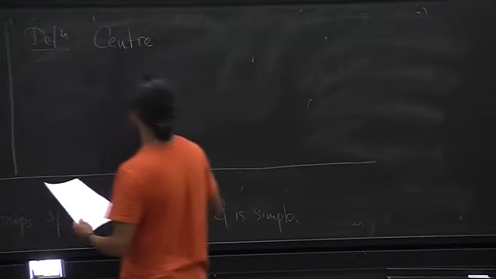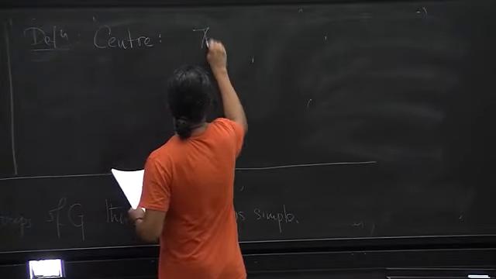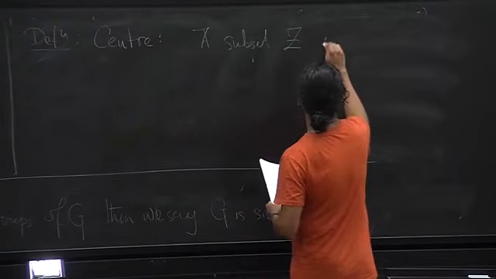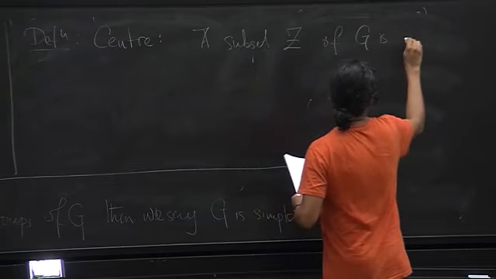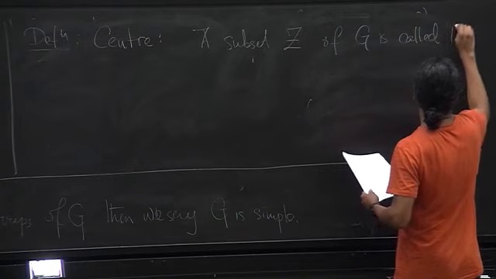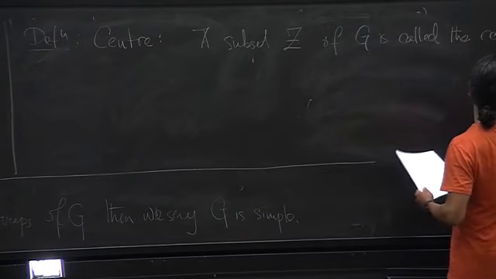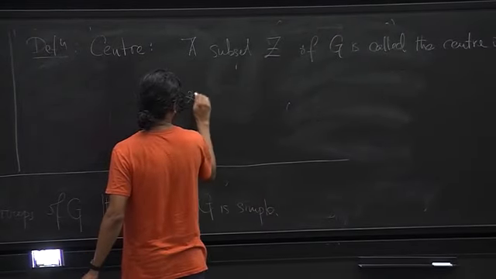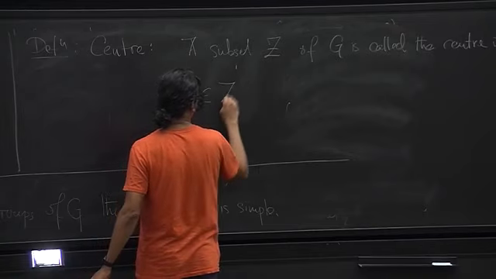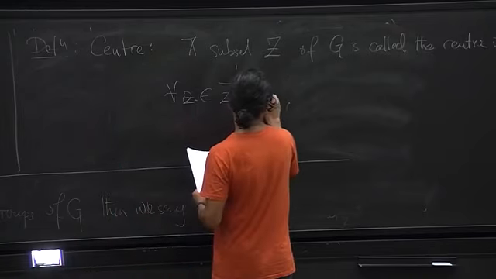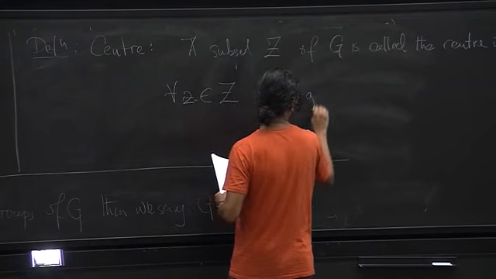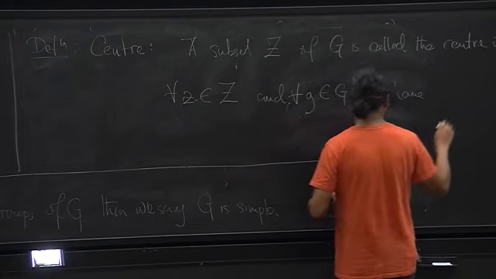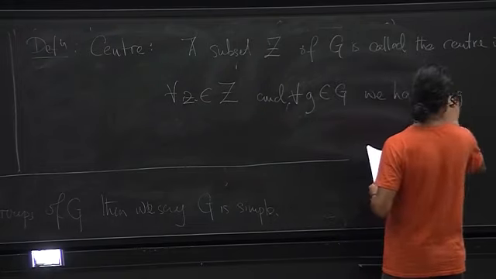The center is a subset Z of G called the center if for all elements in Z and G we have... sorry.